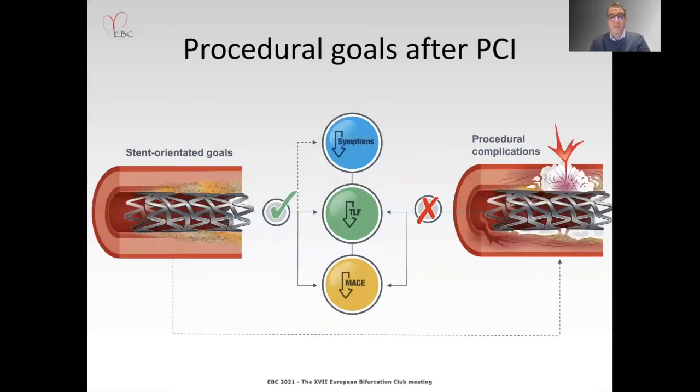Well, from several studies, we know that an adequate stent implantation can reduce clinical events and of course symptoms on the one hand side, but also often results during lesion preparation, which is mandatory to achieve such good results, in procedural complication.